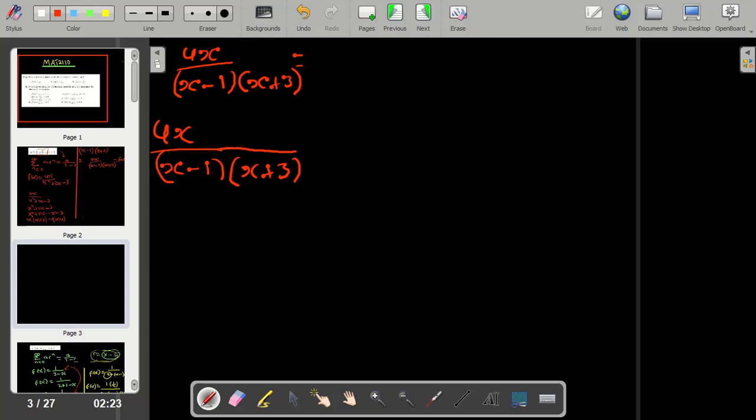So this would be equal to a over x minus 1 plus b over x plus 3.